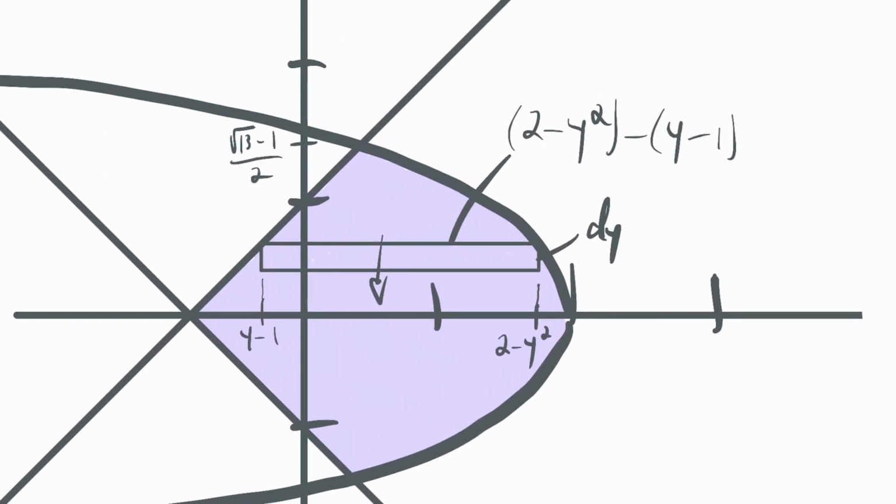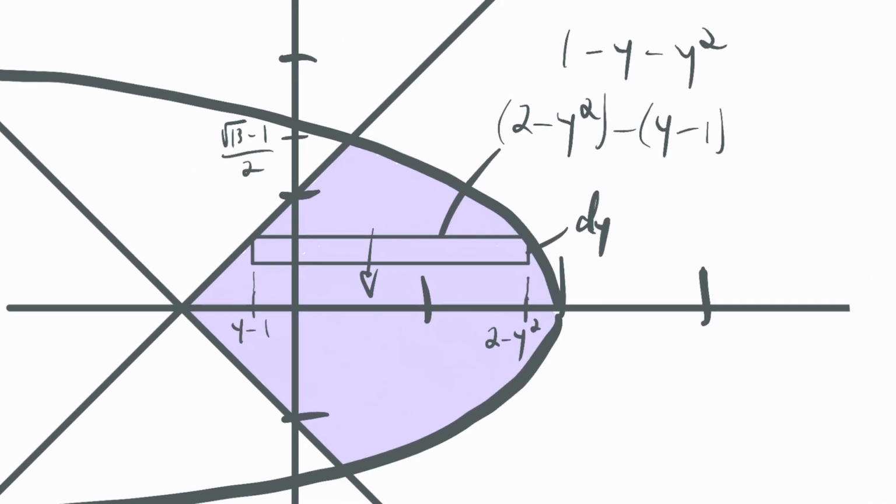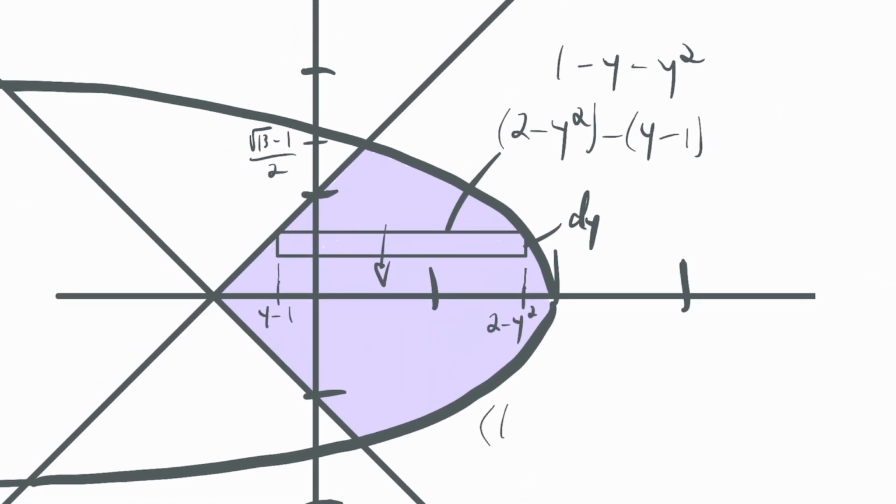So that's going to be 1 minus y minus y squared. There's the length of my rectangle, and so the area would be that times dy. So the area is 1 minus y minus y squared dy.